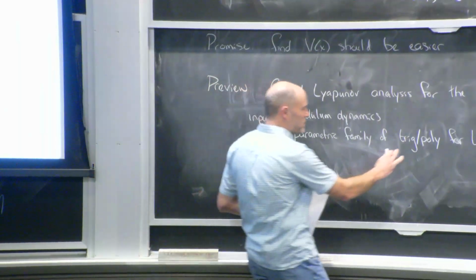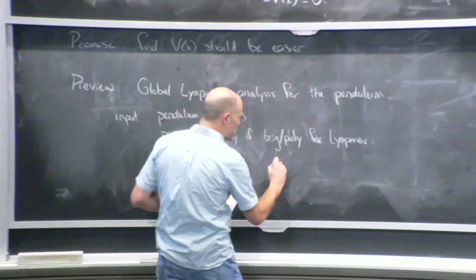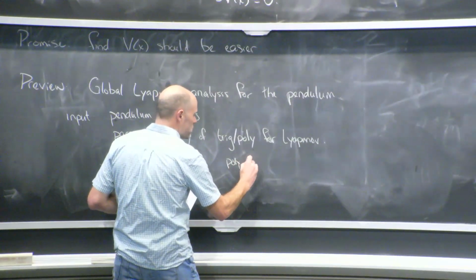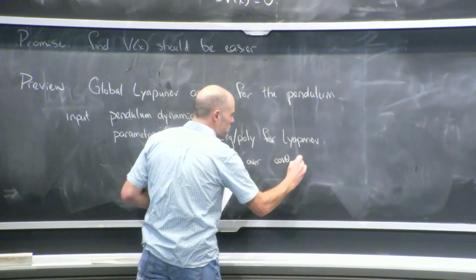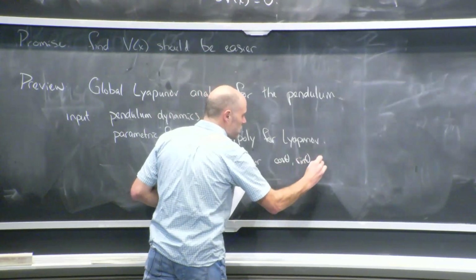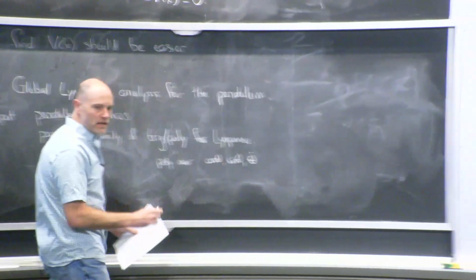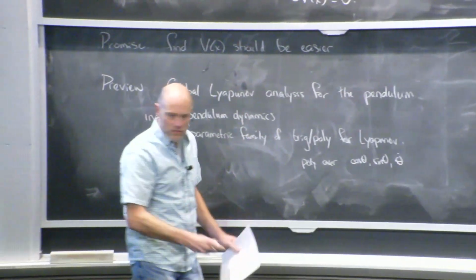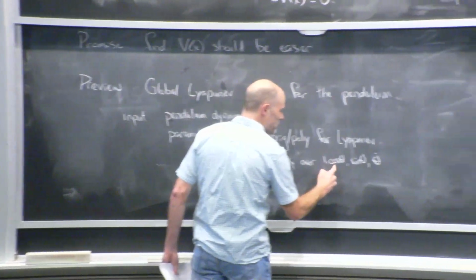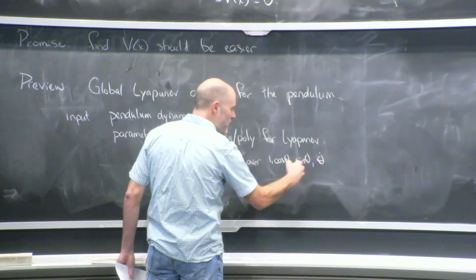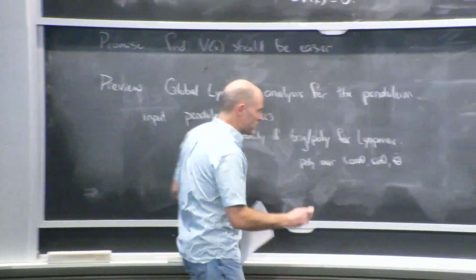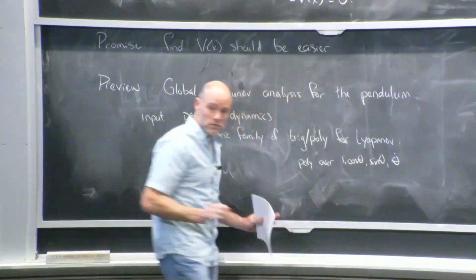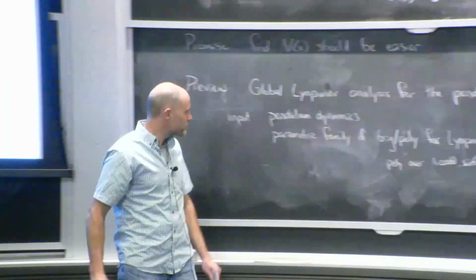Basically, this means it's going to be a polynomial over the elements which have cosine theta, sine theta, theta dot, and powers of them. You could have cosine times sine, you could have theta dot times sine theta. It's going to be polynomial in those, which includes some trigonometric functions. Okay, that's what trig poly means.